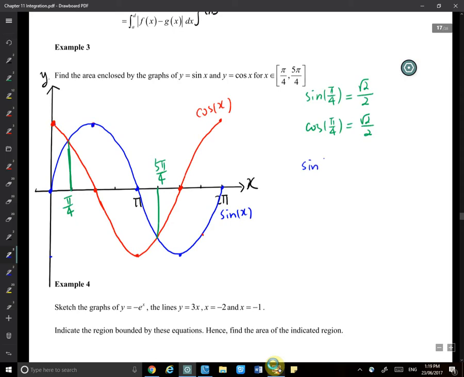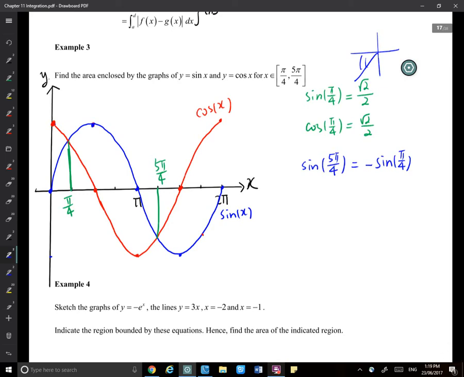And sine 5 pi over 4 equals minus sine pi over 4, because 5 pi over 4 has reference angle pi over 4, and it's in the tangent quadrant, that's why it's negative. And you have cosine 5 pi over 4 the same, negative cosine pi over 4, and they have the same value as well. So at pi over 4 and 5 pi over 4, they are equal.